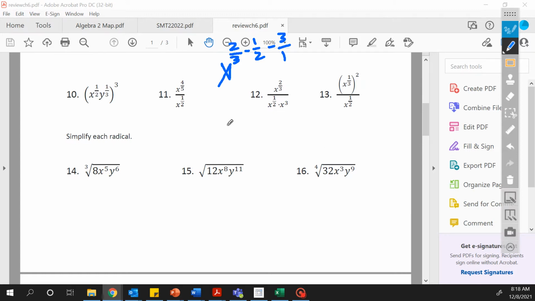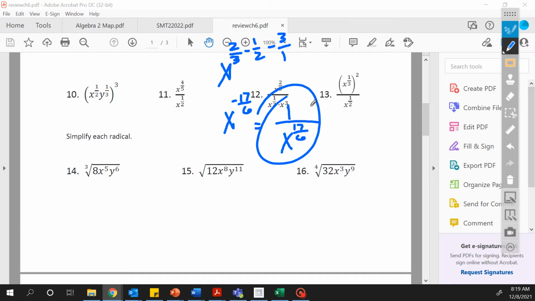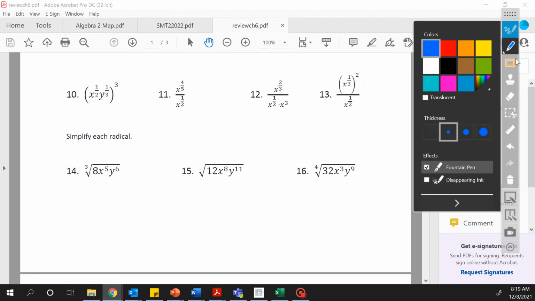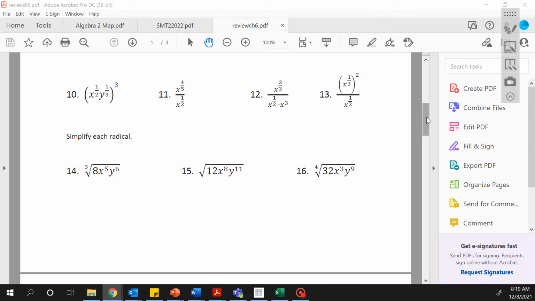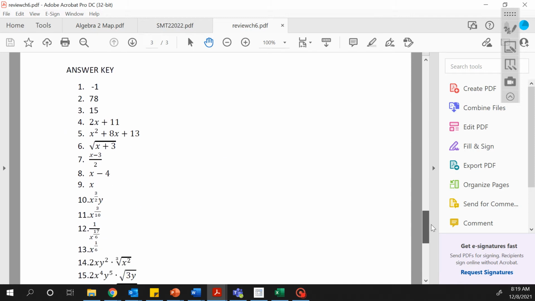And that is negative 17 over 6, which we'd have to write as a positive exponent, so we put it on the bottom, 1 over x to the 17 over 6 power. Is that what I have for number 12 there? Yeah.